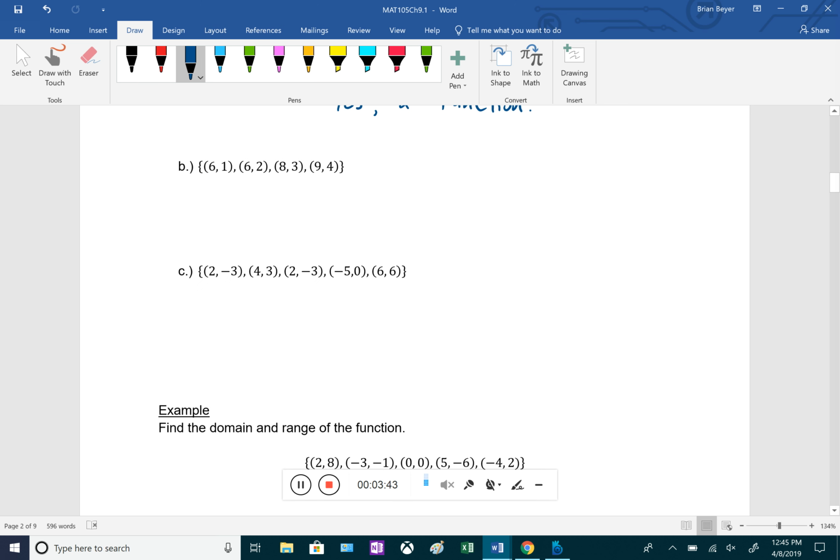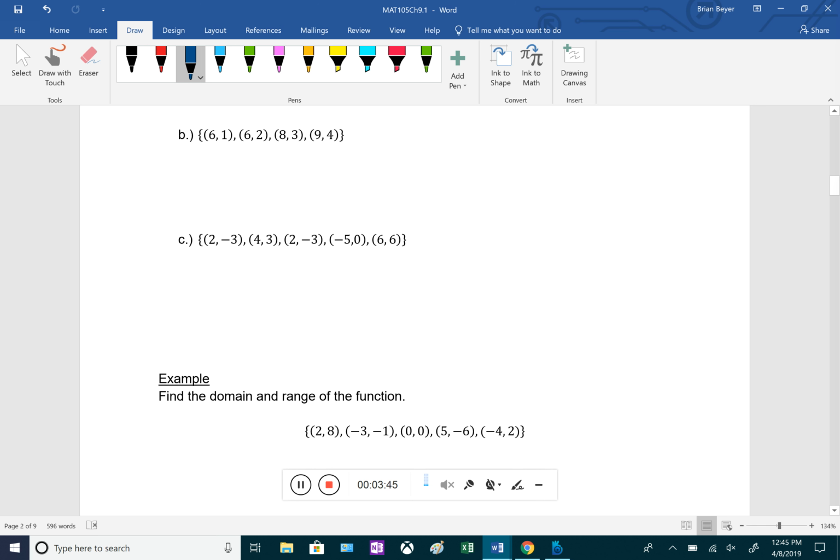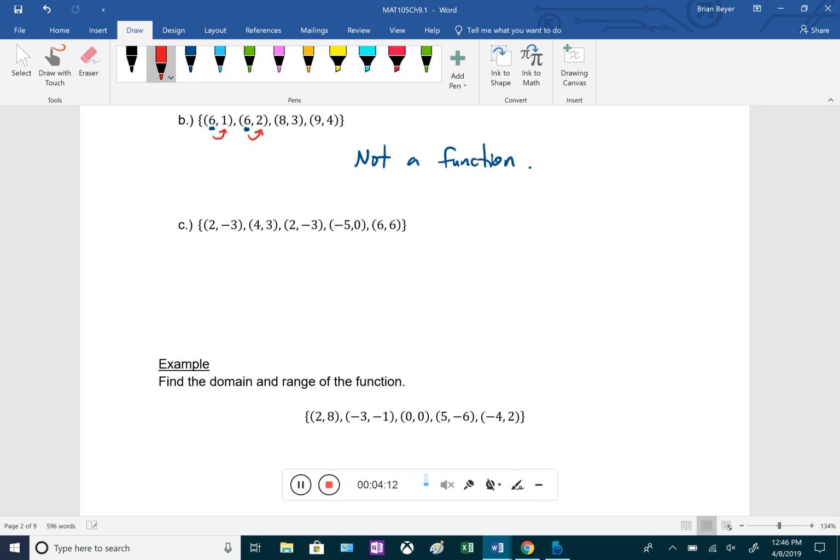And for the next one, we have (6, 1), (6, 2), (8, 3), and (9, 4). For this one, we have an x coordinate of 6 appearing twice. So this is not a function because the 6 goes to a y coordinate of 1, and it also goes to a y coordinate of 2. We have one x coordinate going to two different y coordinates, so that is not a function.